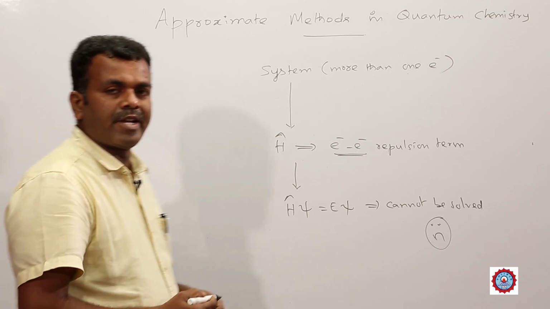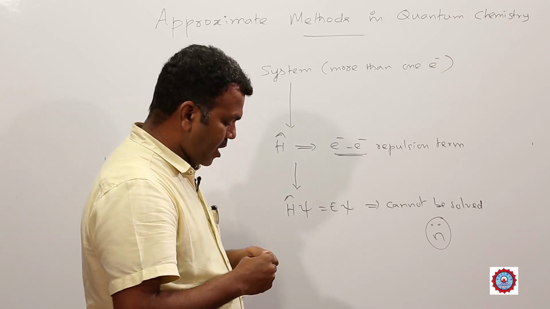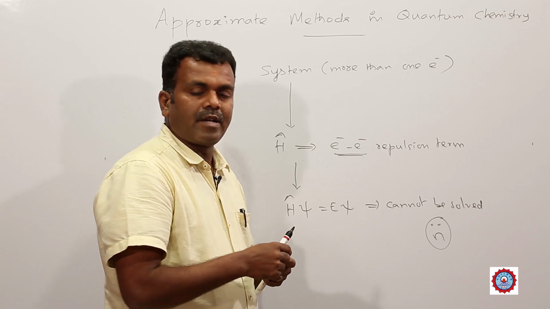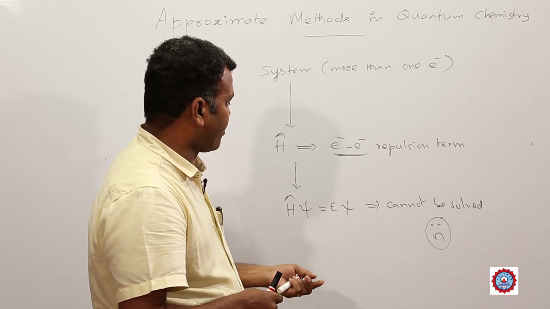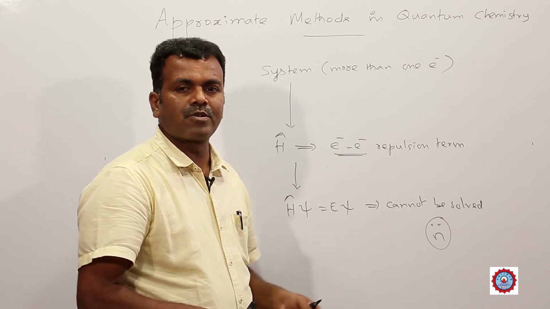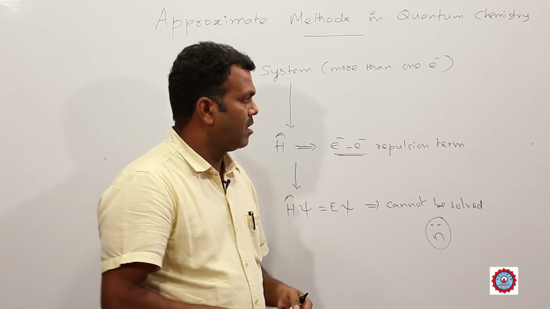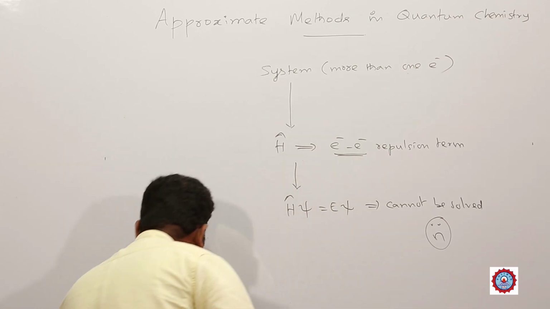So, what is the alternative for this? The alternative is we can go for approximate methods in quantum chemistry. By using some approximate methods, it is possible to solve the Schrodinger equation, and we can also calculate the energy.